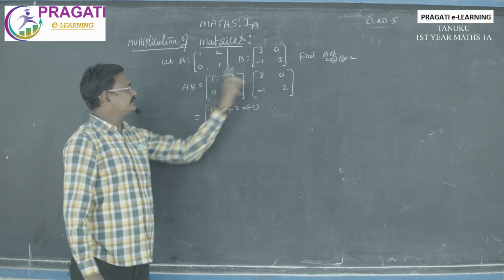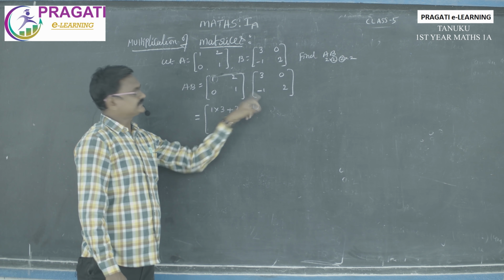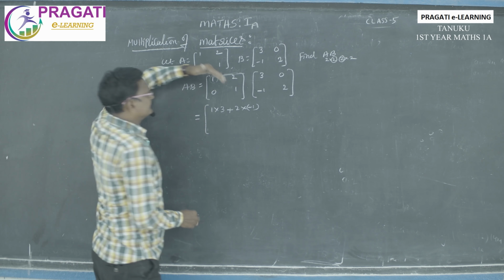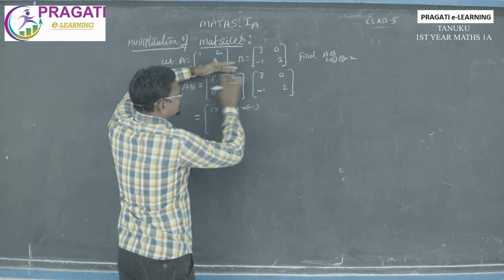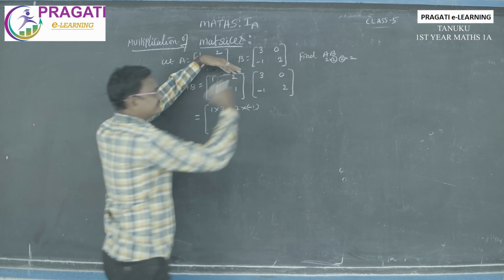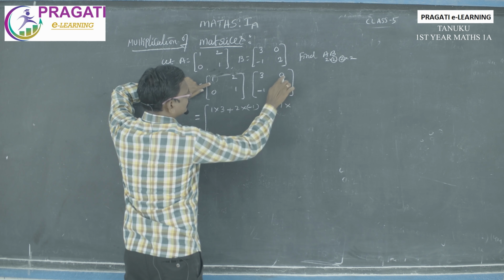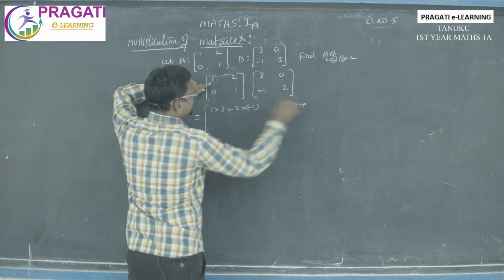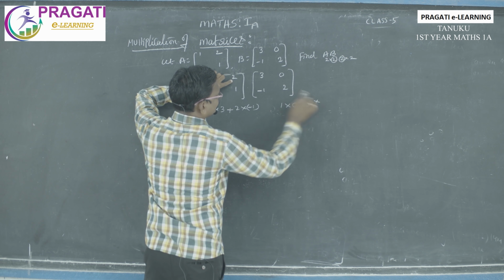Now again the same row with the second column: 1 into 0 plus second element 2 into 2.